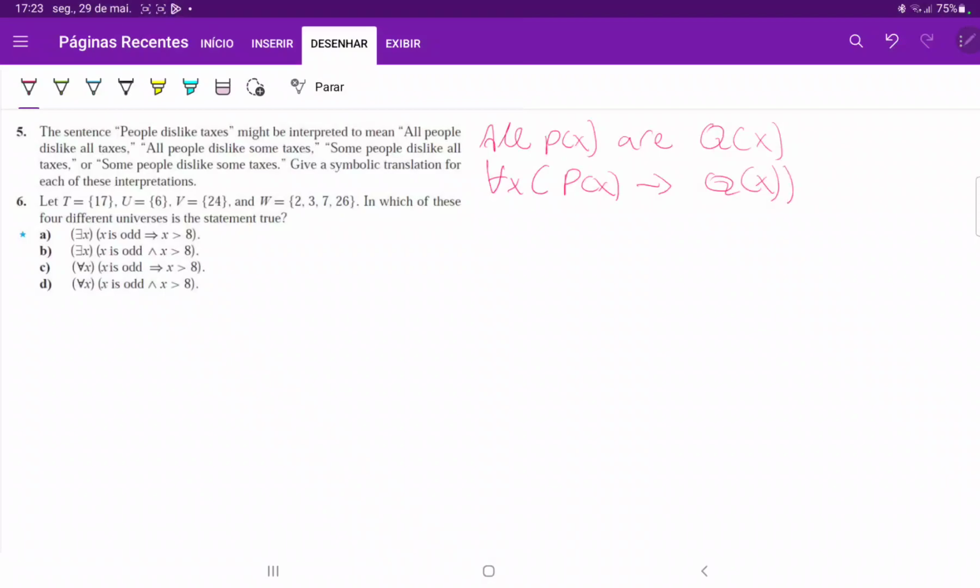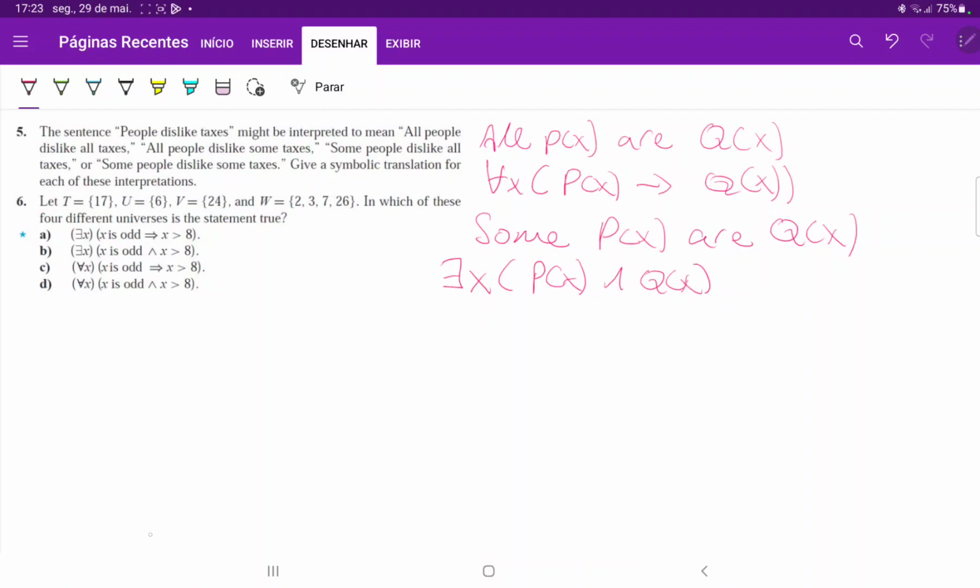And the existential, "some P of x are Q of x": there exists at least one x such that it has both qualities, right? It's both P of x and Q of x. So we're just going to take this idea and use it to translate.